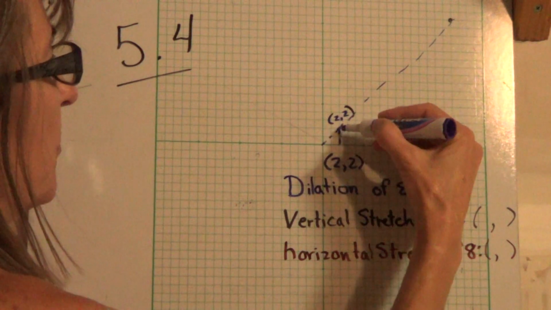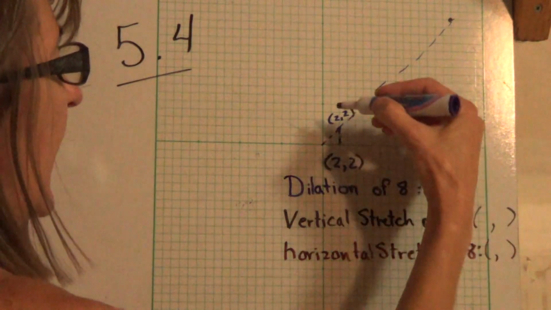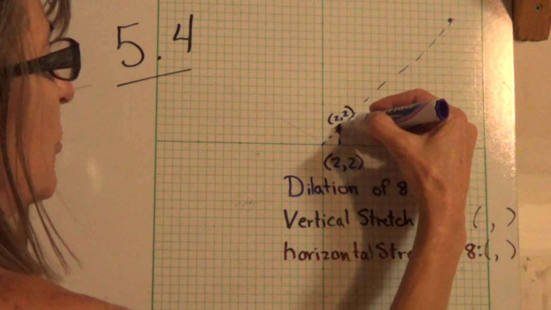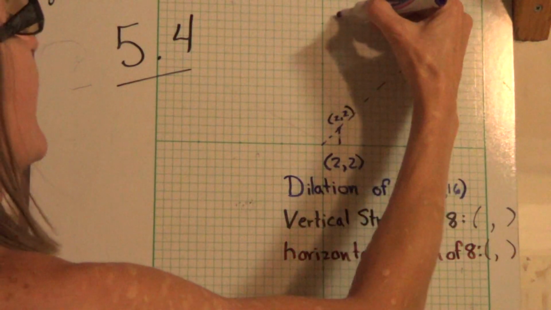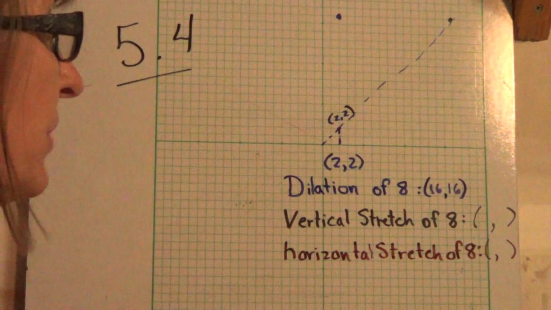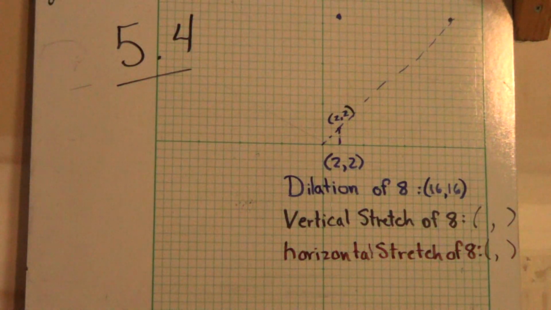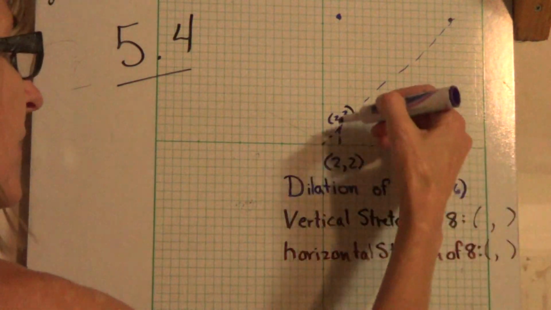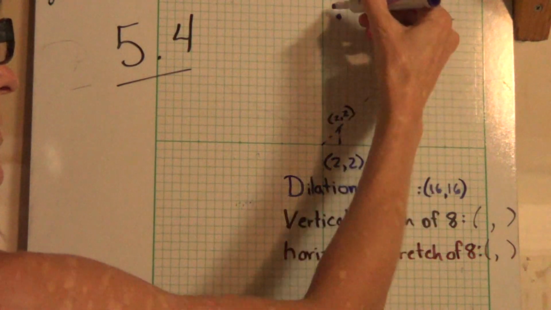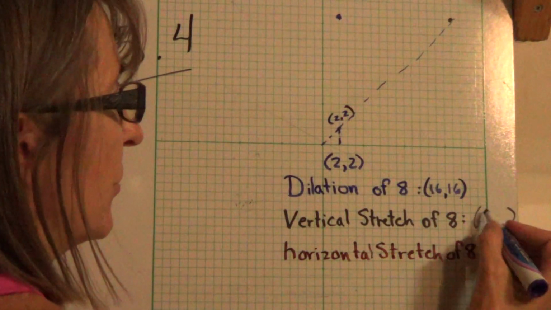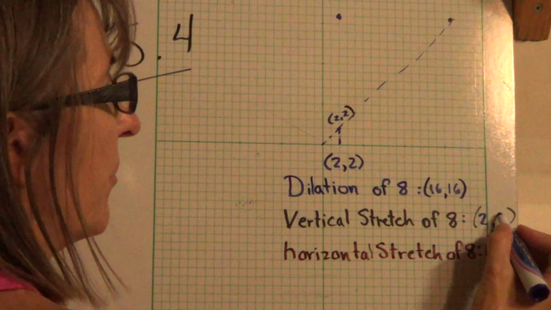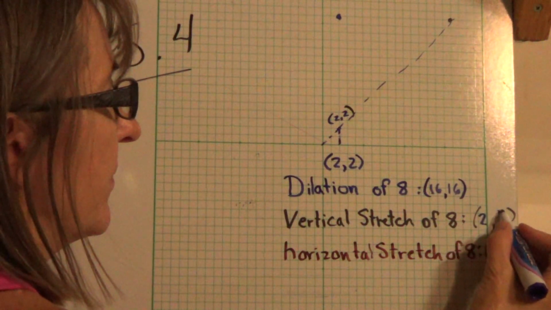If it's a stretch of 8 vertically, then it goes from (2, 2) up to 16. I'm sorry, to 8 would only be a stretch of 4. To 16 is taking this and multiplying it by 8. So your x doesn't change, but your y does.